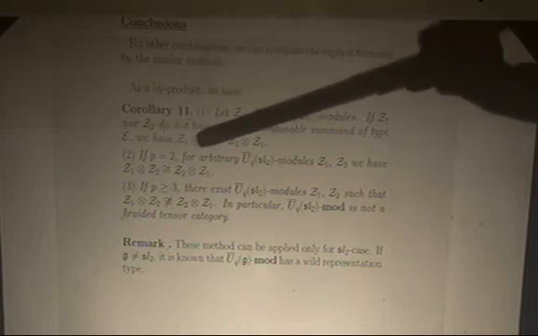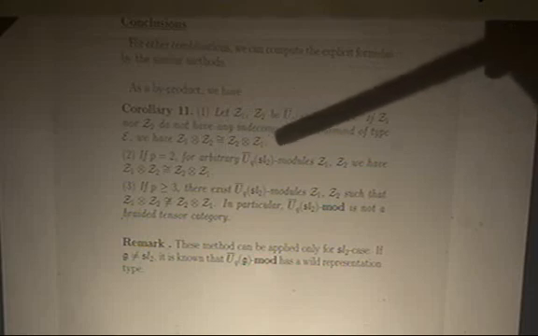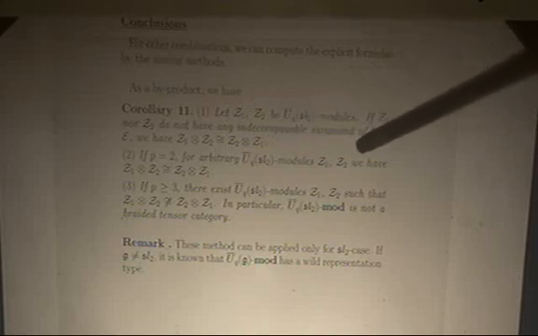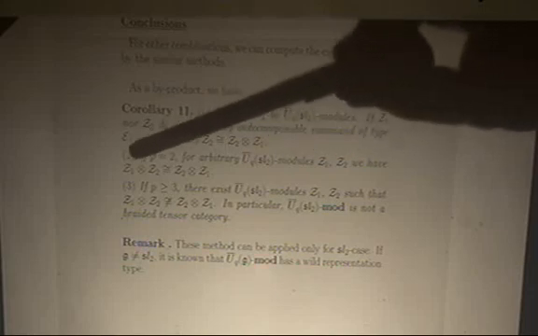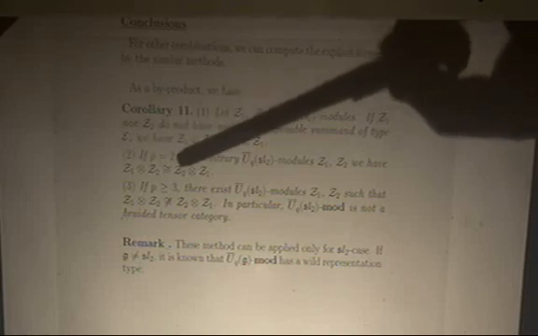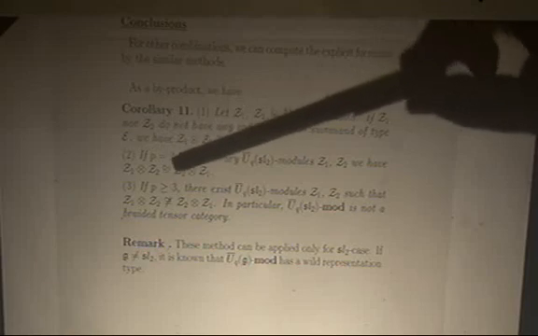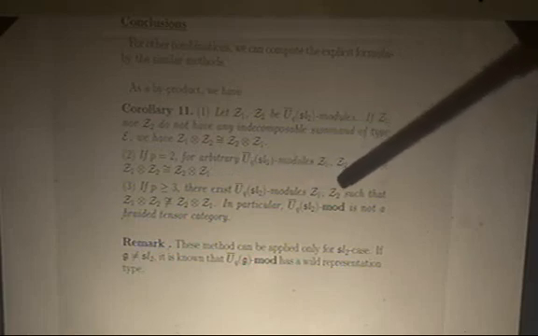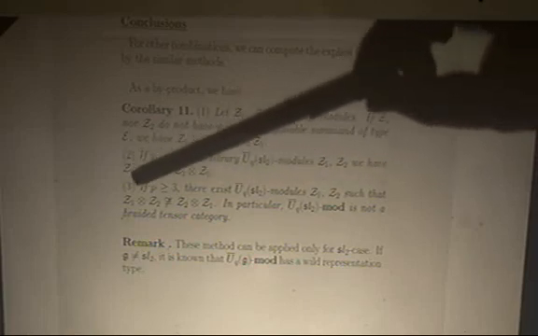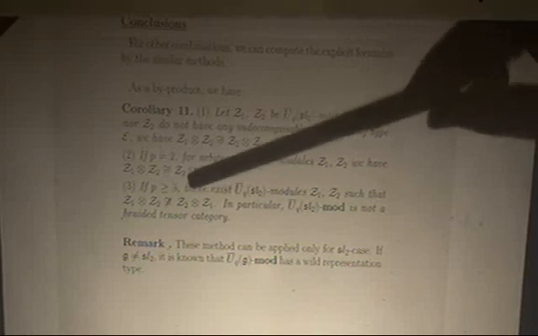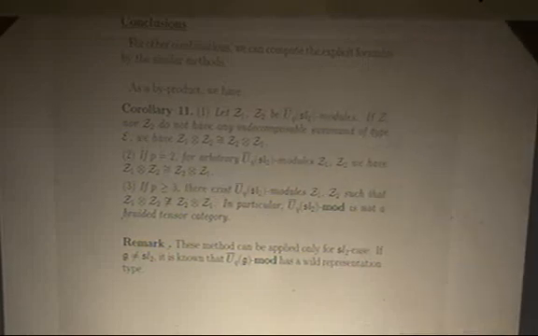And if p is equal to 2, for arbitrary modules Z1, Z2, we have Z1 tensor Z2 isomorphic to Z2 tensor Z1. But if p is greater than 3, there exist modules Z1, Z2 such that Z1 tensor Z2 is not isomorphic to Z2 tensor Z1.